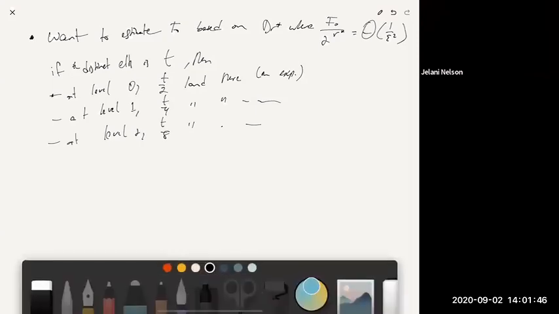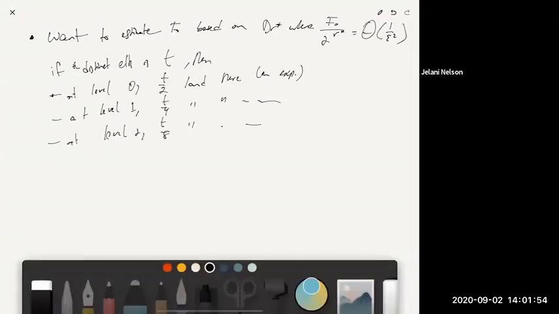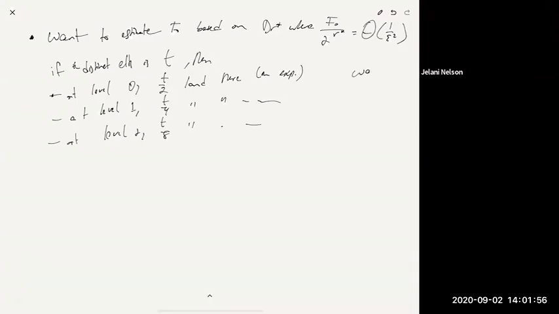So for example, for the sake of setting constants, let's say that I want f0 over 2 to the r to be at most 10 over epsilon squared and at least 1 over epsilon squared. I want an r such that this holds.